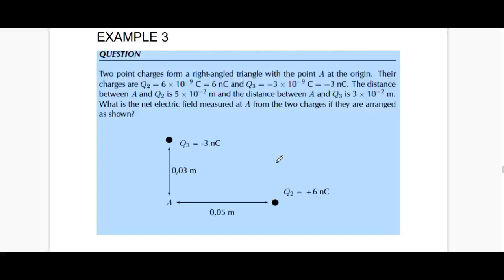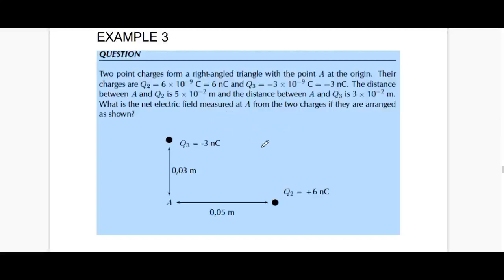Okay, so now the statement reads as follows: 2-point charges form a right angled triangle with the point A at the origin. There are charges Q2 and Q3. Okay, the distance between A and Q2 is that.